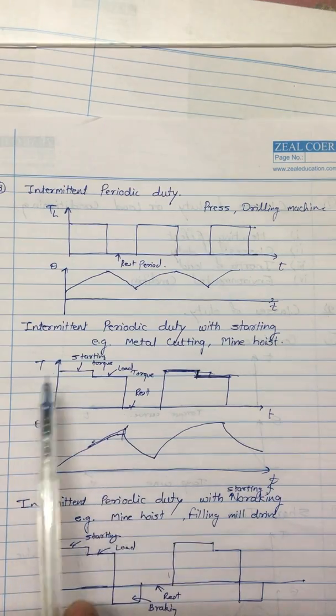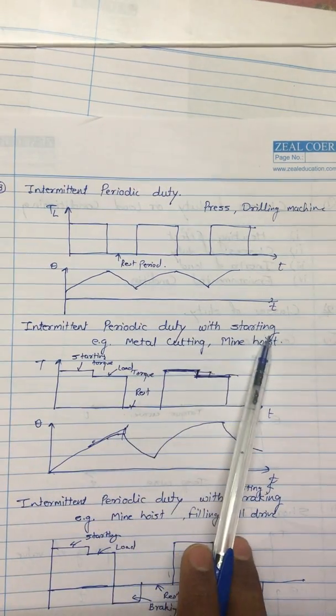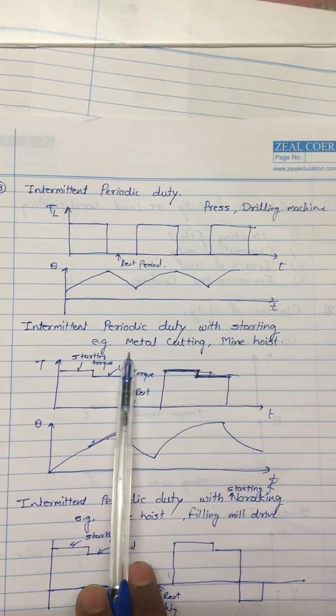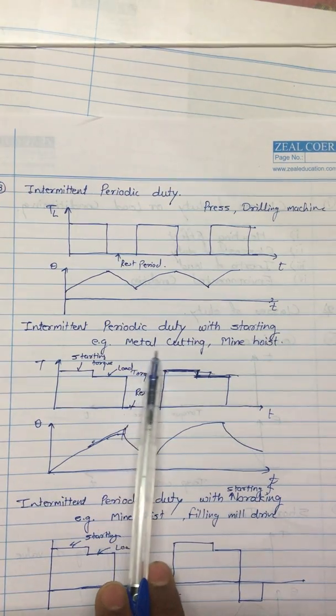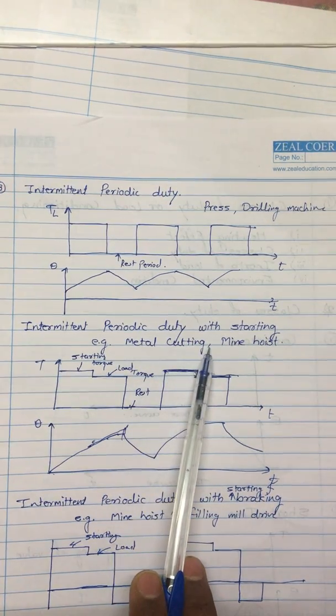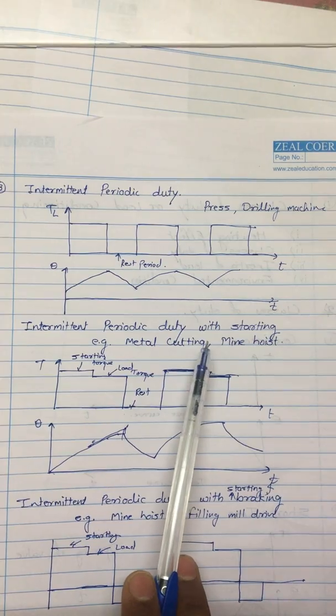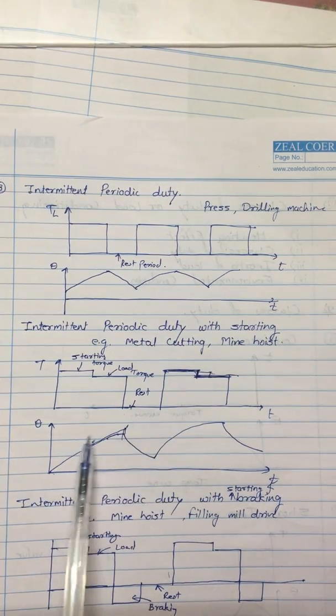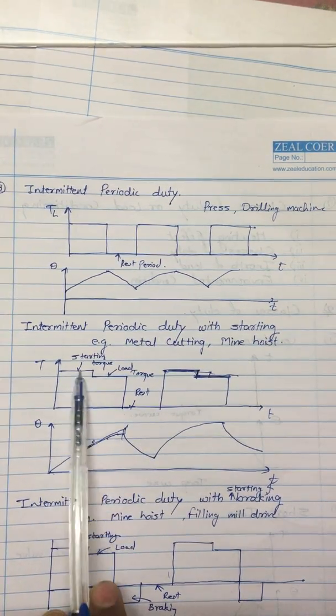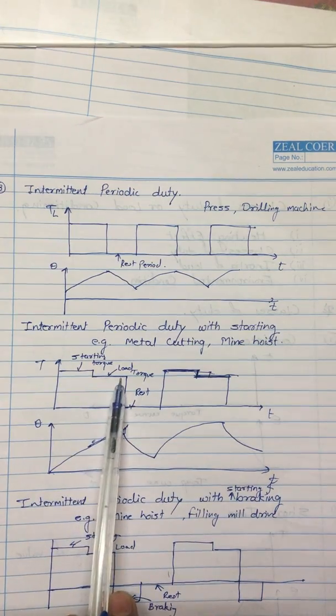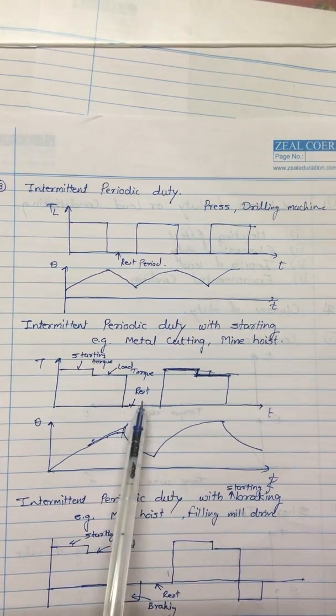The next is intermittent periodic duty with starting, and examples of such motors are metal cutting and mine hoist to lift material from a mine. The torque time characteristic is shown here. This is the starting time, this one is the loading time, and this is the rest period.